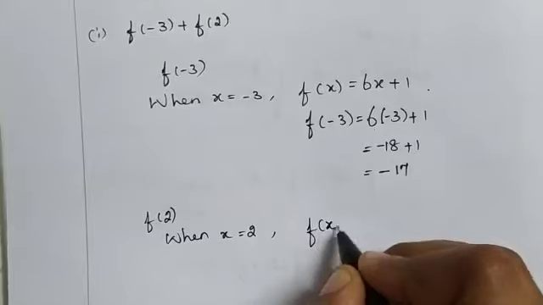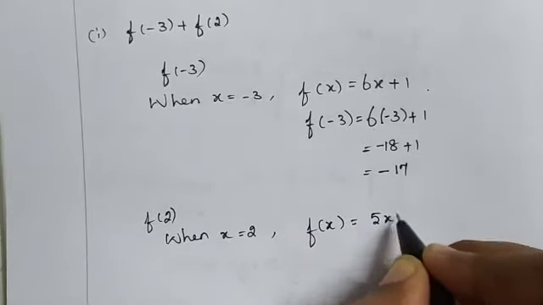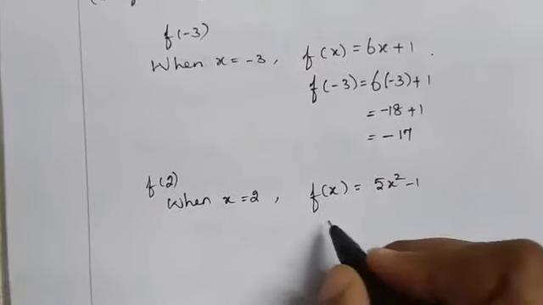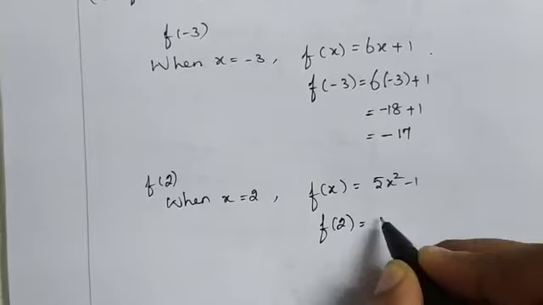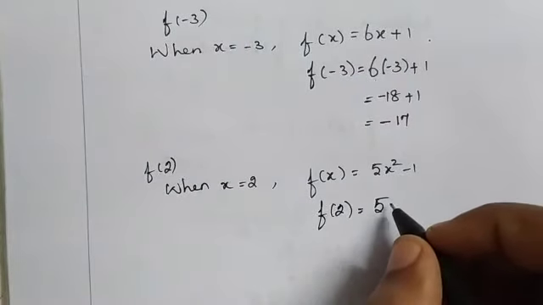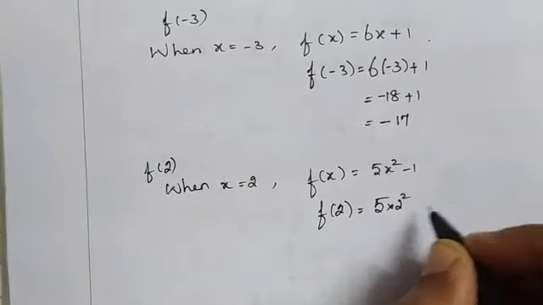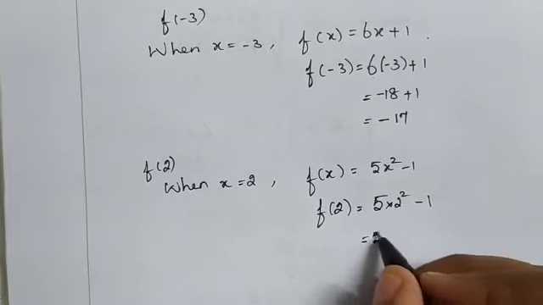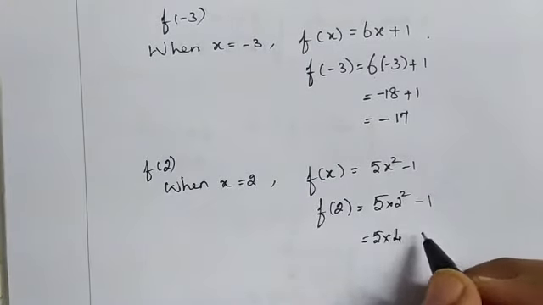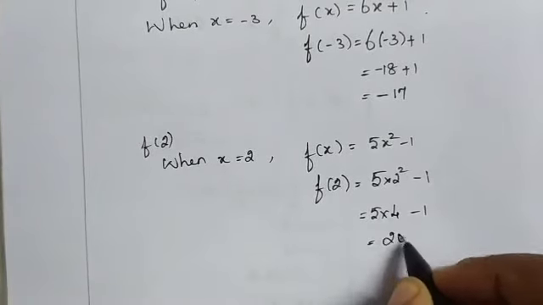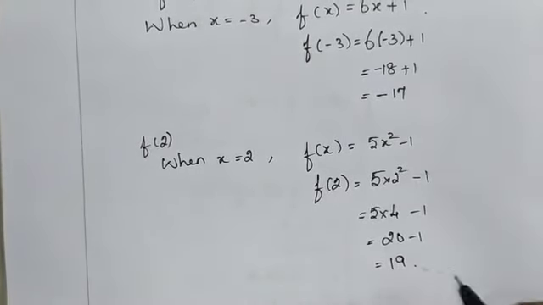Therefore, f of x is 5x square minus 1. f of 2 is equal to 5 into x square, 5 into 2 square minus 1. 2 square is 4, 5 into 4 minus 1. 5 fours are 20. 20 minus 1 is 19.